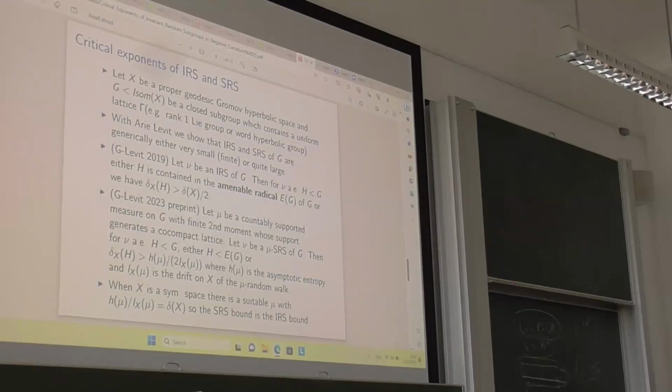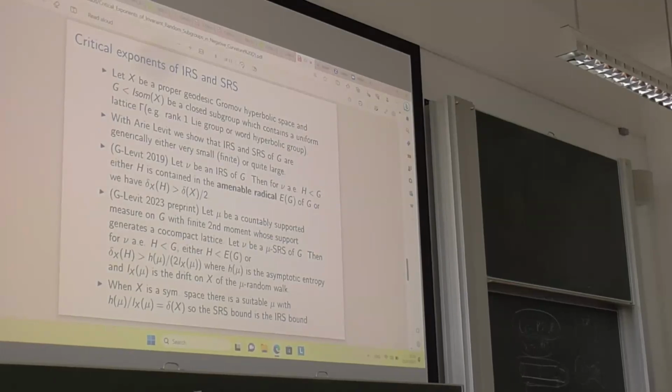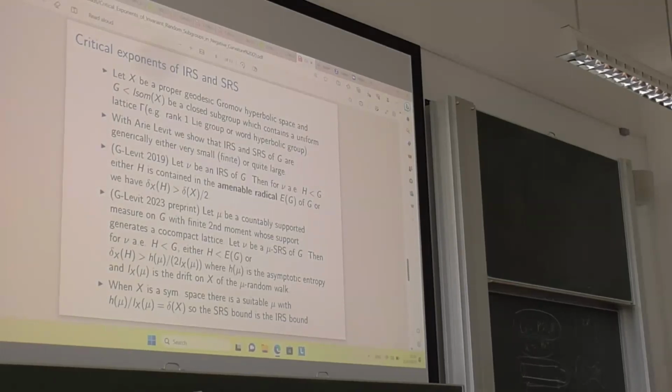Four or 5 years ago, we showed that invariant random subgroups of the group of isometries of a hyperbolic space, which is large enough to contain a co-compact lattice, are either super small or quite large. So suppose you have an IRS of G. Then for almost every subgroup with respect to this measure, either it's super small, so it's contained in the amenable radical.